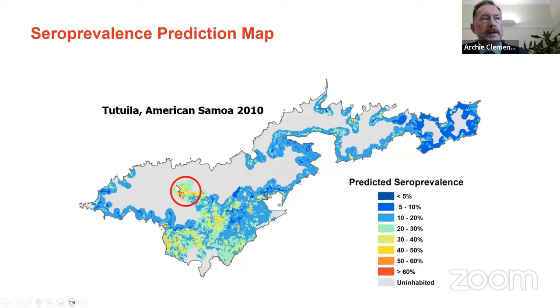This cluster up here is associated with a genotype of leptospira that is associated with a sylvatic transmission cycle that has bats and rodents as the main reservoir. So this analysis demonstrated that that was a particular transmission cycle with a particular set of reservoir hosts that needed to be addressed through public health measures on the island.